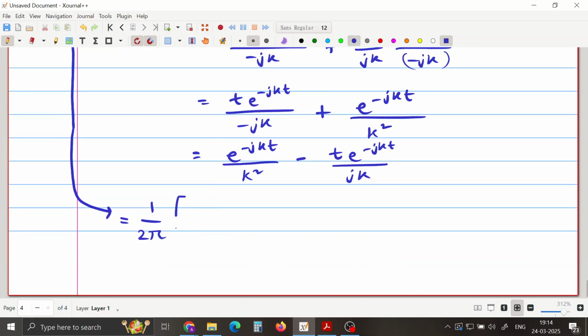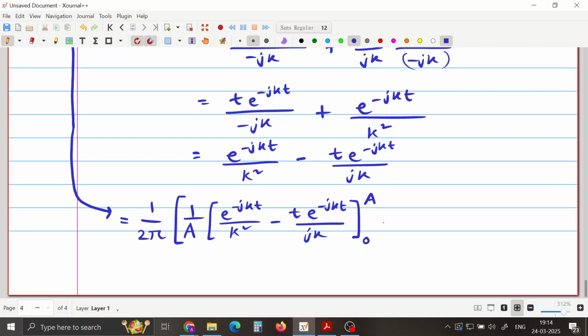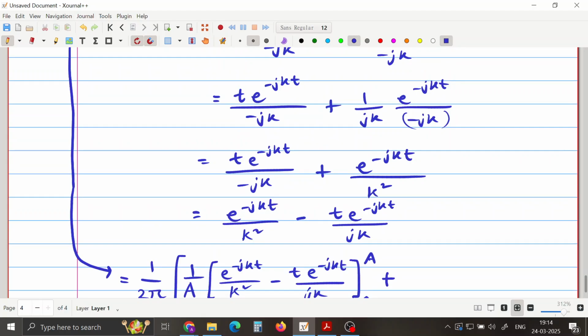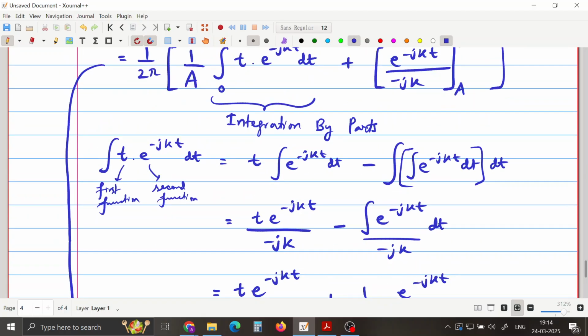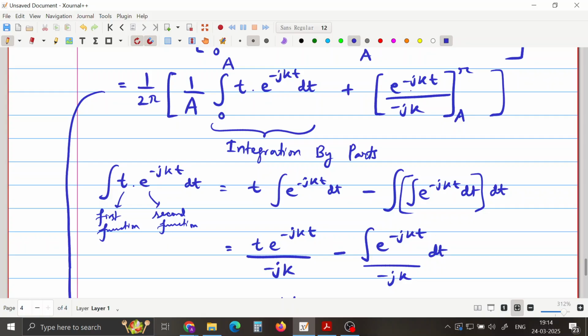And then I will have 1 by A, and this is the integral result. I write this, and the limits were 0 to capital A. And also there was another term. All we need to do for that is just substitute the limits.